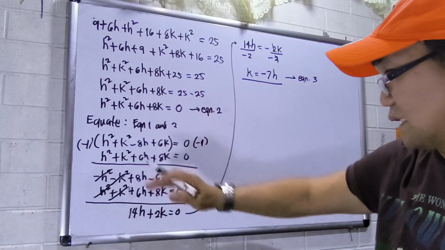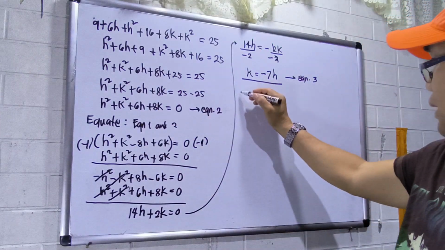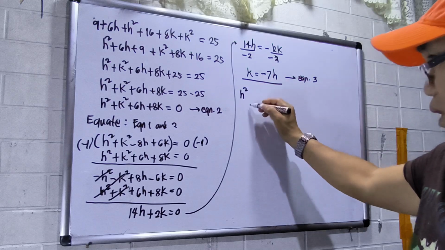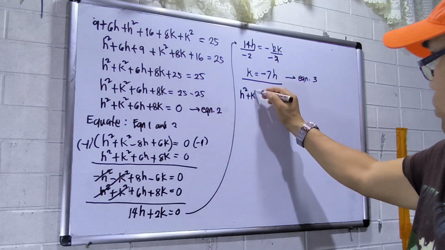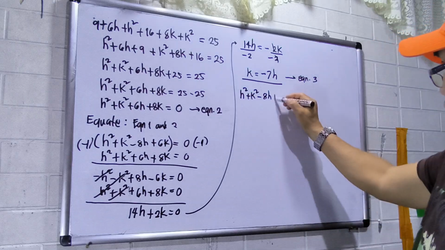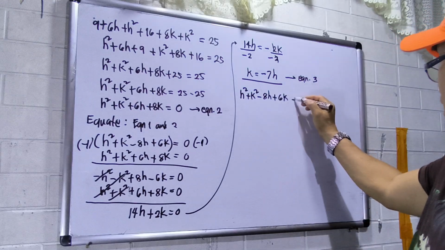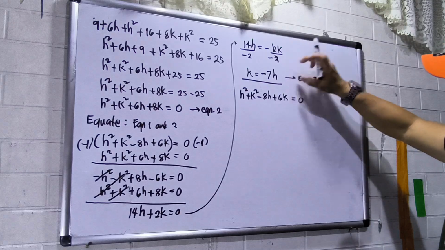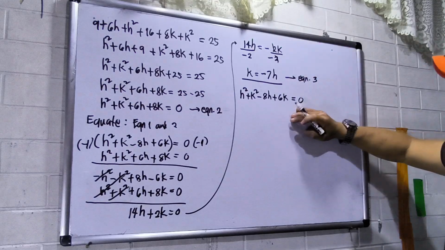Okay, I will use equation 3. Then I have to plug it into equation 1. Equation 1 is H squared plus K squared minus 8H plus 6K is equal to 0. Then as I said, I have to plug equation 3 into equation 1. Okay?